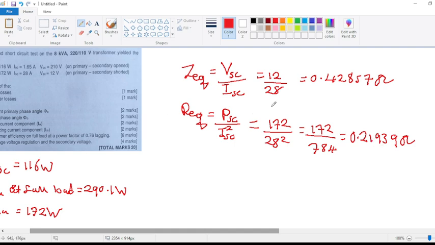Now from the resistance, we have to calculate the reactance.